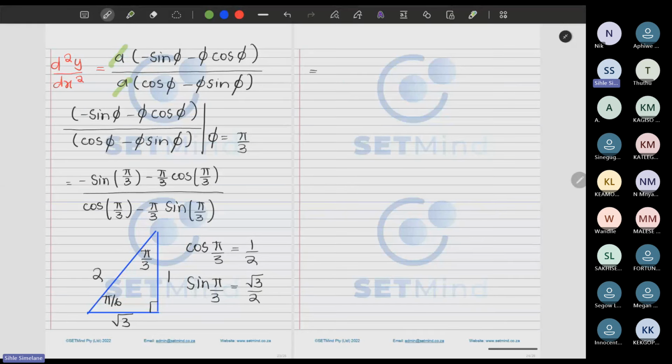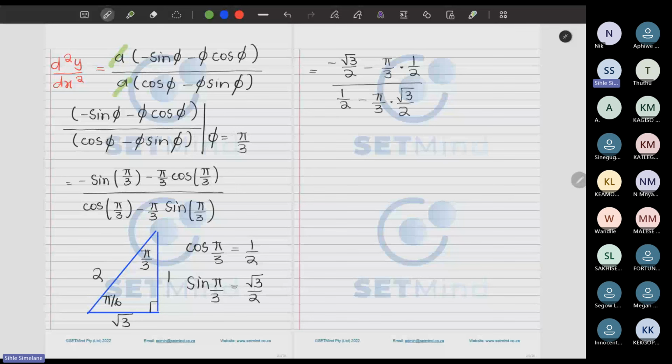So you can go, guys, and put in these values. So you'll see that we'll end up having negative square root 3 over 2, and then minus pi over 3 times 1 over 2, and then divided by cos of pi over 3 is 1 over 2, and then minus pi over 3 times sine square root 3 over 2.